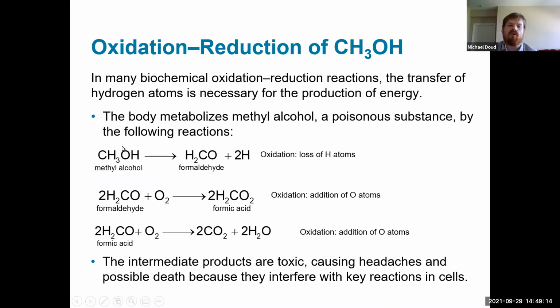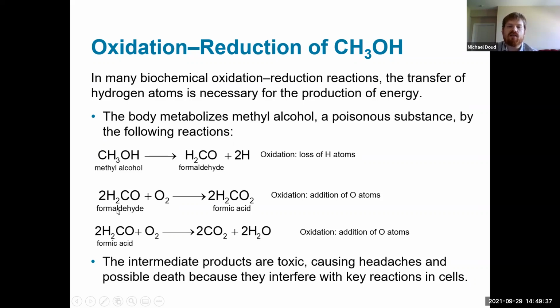So starting from methyl alcohol, it can be oxidized to formaldehyde by ripping off basically 2 hydrogen atoms. These hydrogen atoms are then transferred to a coenzyme, just like FAD. This formaldehyde molecule is then oxidized to formic acid by the addition of oxygen.